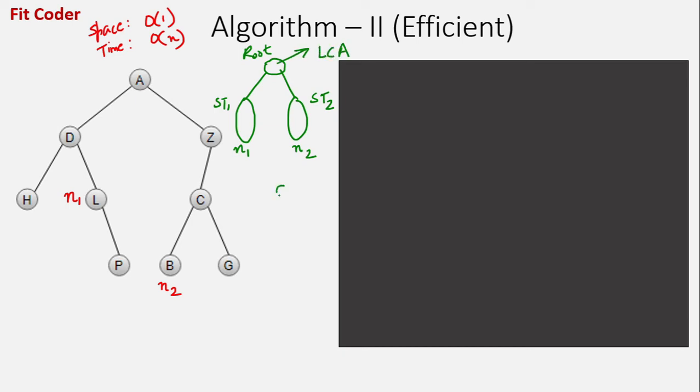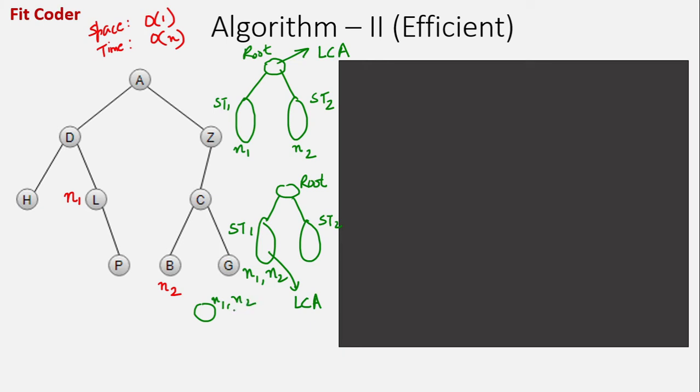The second case is if both nodes lie in one subtree. That means the LCA would also be present in this subtree. And the third case is if the node n1 or n2 is the root of the subtree itself. That means n1 or n2 is the LCA. So this algorithm is based on these three conditions.